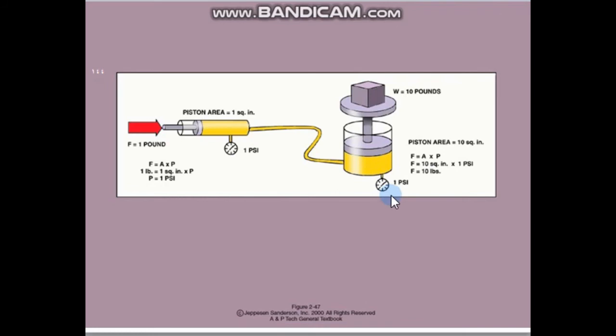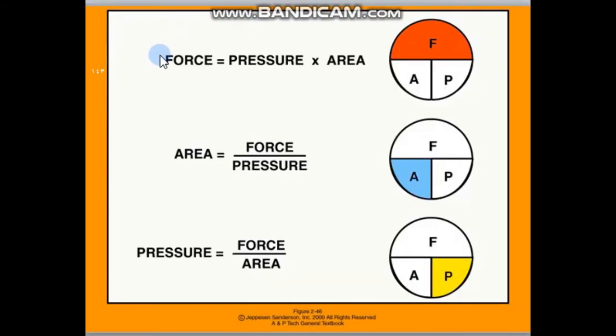We will take the formulas used to calculate the pressure to be sure that the pressure will be the same in all containers. This is our formula. When you want to find the pressure, you divide the force by the area. If you want to find the area, you divide the force by the pressure.